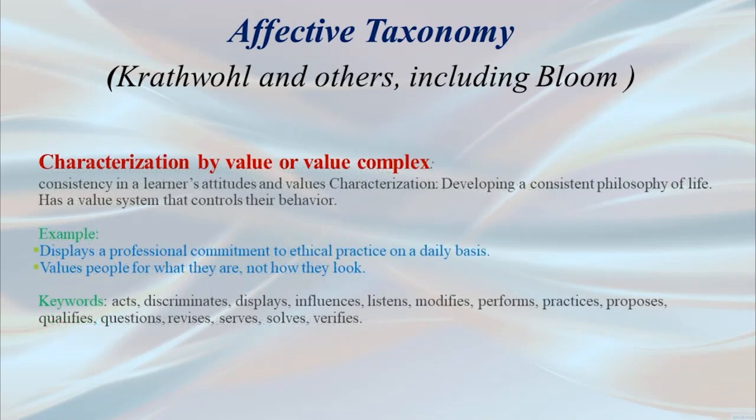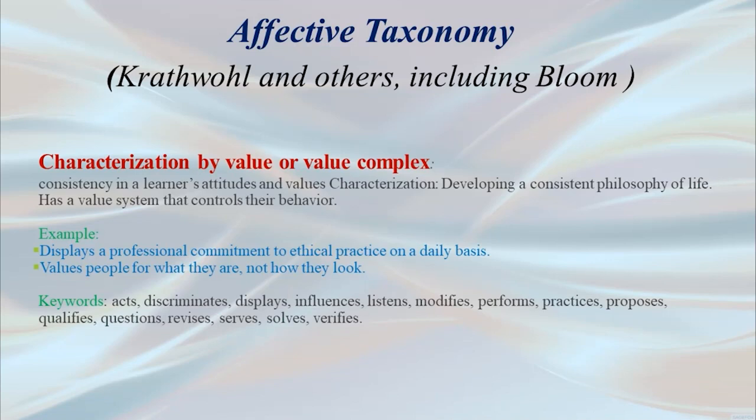The last level in the affective taxonomy is characterization by value or value complex. In this level, the behavior is consistent, predictable, and most importantly, is characteristic of the learner. In this level, the learner develops a consistent philosophy of life and has a value system that controls his or her behavior.